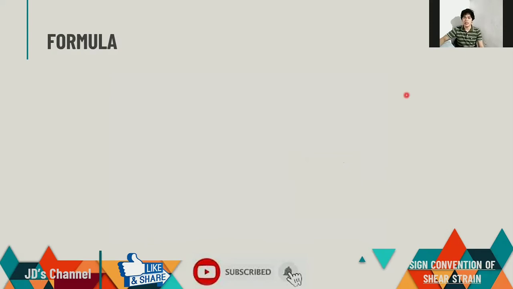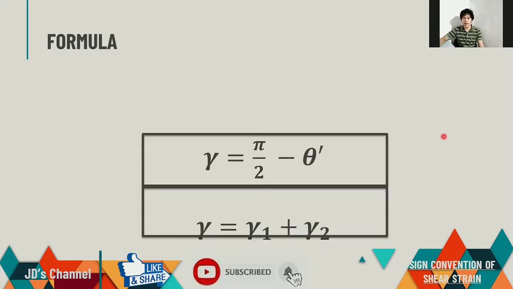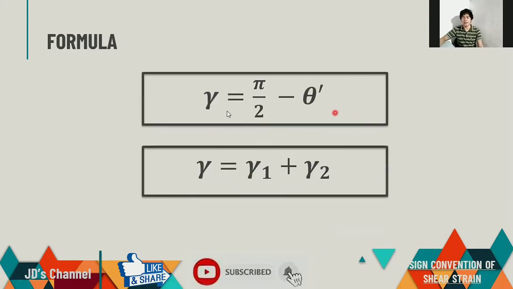So, next class is the formula. Our first formula, as we saw, is that shear strain equals tan theta, wherein delta S over the original length L. And there is this additional one: we can also get our shear strain, like the illustration we saw earlier, as pi over 2 minus theta prime.